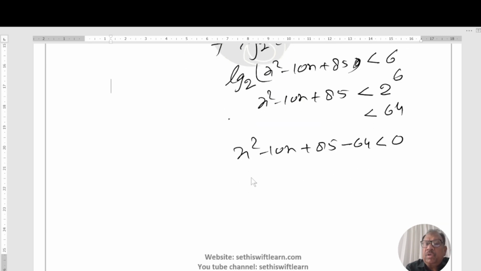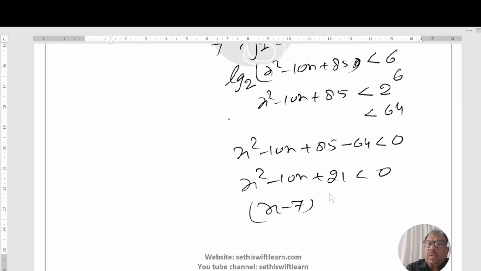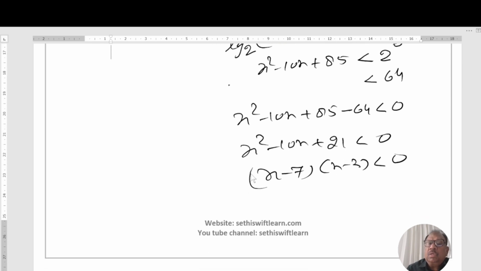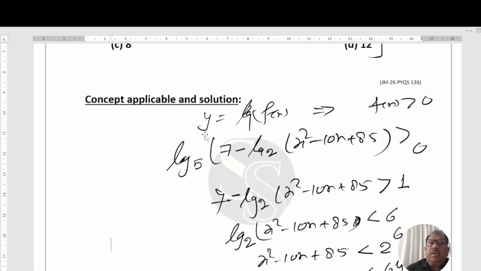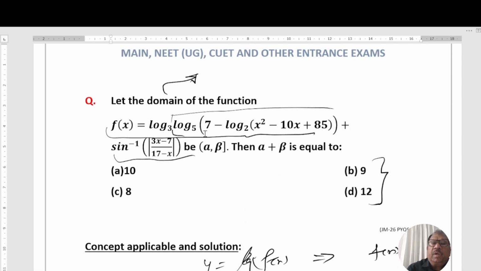On further simplification, x square minus 10x plus 21 less than 0. (x minus 7)(x minus 3) less than 0. This simplifies, x belongs to the open interval 3, 7. This is the domain of part 1.